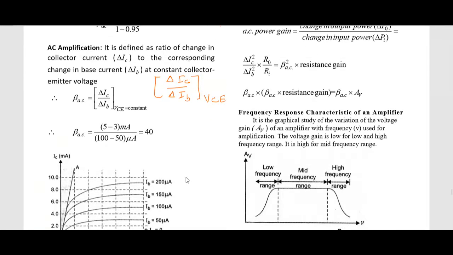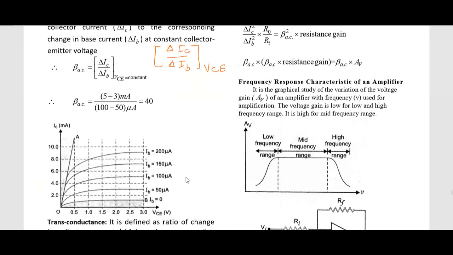And let us fix that voltage. VCE constant can be any voltage. Let me fix this at 3. Now I will calculate beta AC at VCE equal to 3.